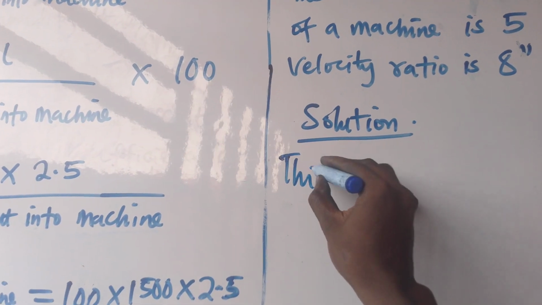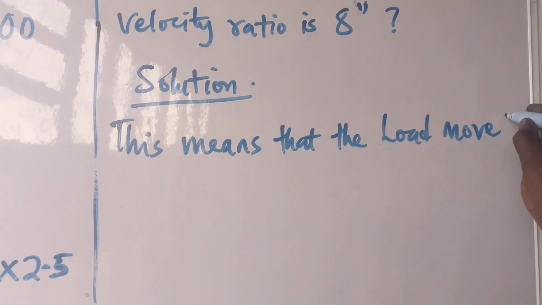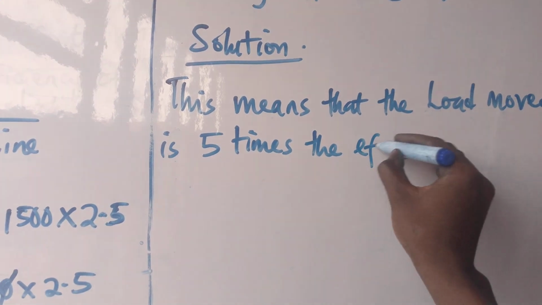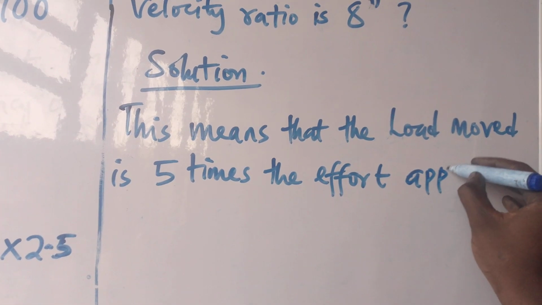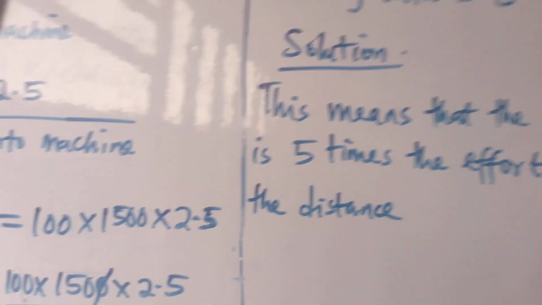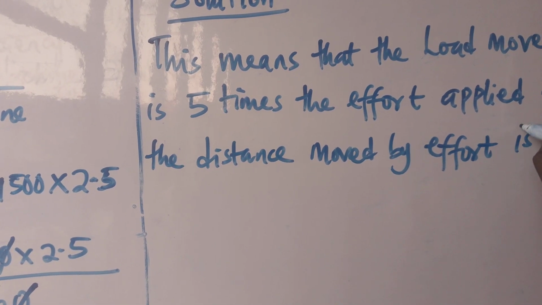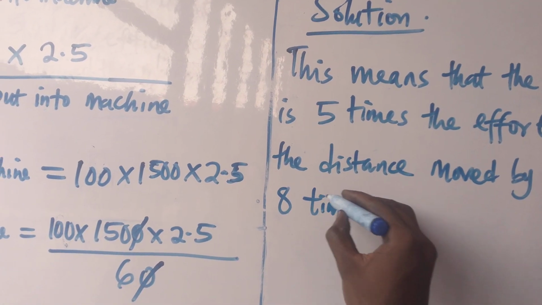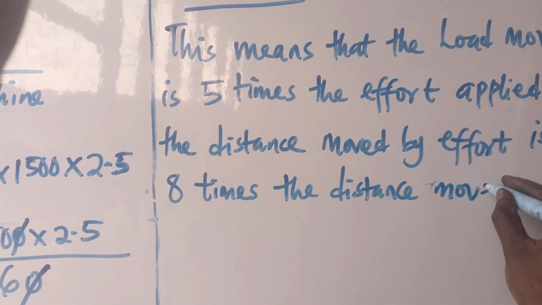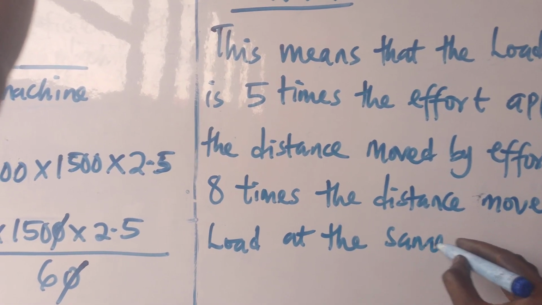He said this means that the load moved is 5 times the effort applied, and the distance moved by effort is 8 times the distance moved by load at the same time interval.